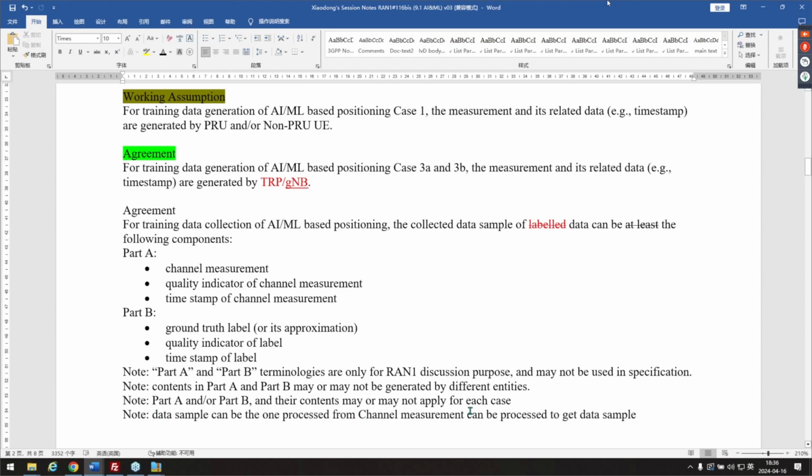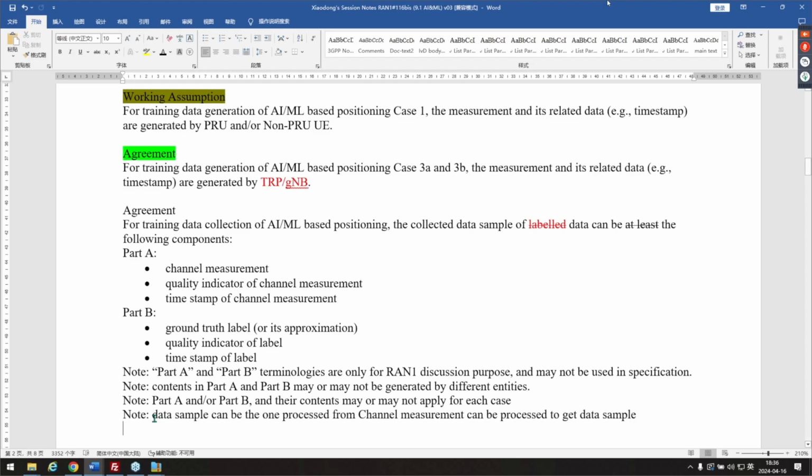Ericsson, is it possible to go this way? Data sample can be just one option. I think it could be, but it does say that it is one. To be honest, I think it's way too early to talk about processing since we don't have a definition. I think channel measurement here is a placeholder, and there is extensive discussion right now on how this channel measurement is represented and what it corresponds to.